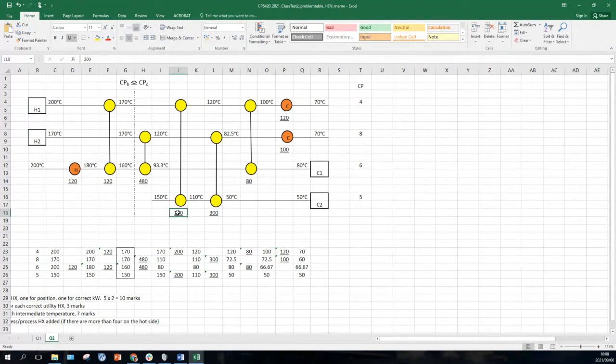Or if you've got a spreadsheet, you can do it like I've been doing it and come out at what is the maximum enthalpy you can subtract from the stream so that you don't get your delta T-min violation on the other side of the heat exchanger.